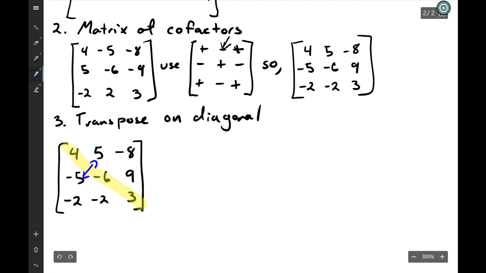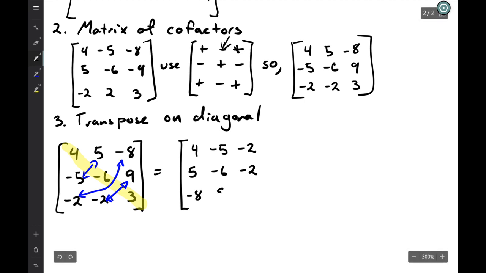So 5 switches with -5, -2 switches with -8, and -2 here switches with 9. Okay, so let's rewrite that. This is 4, -5, -2, and then I got 5, -6, -2, and then I have -8, 9, 3. And this matrix here is your transposed matrix.